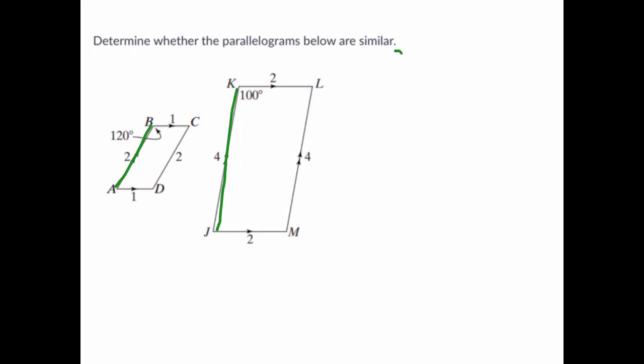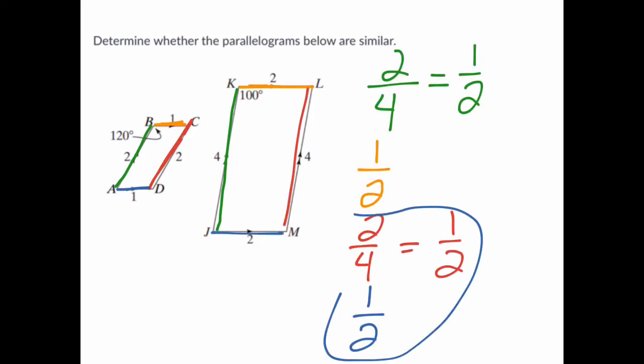And then if we did the BC on the top and the KL on the top, that'd be 1 to 2. If we did the right-hand side, CD and LM, that would be 2 to 4, which again reduces to 1/2. And then if we did the bottoms here, AD and JM, that's 1 to 2. So if you notice, all of these are 1 to 2, which means that they are definitely proportional.